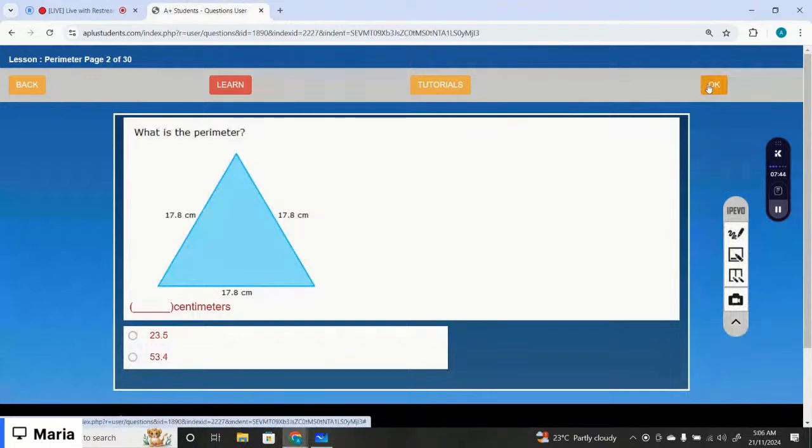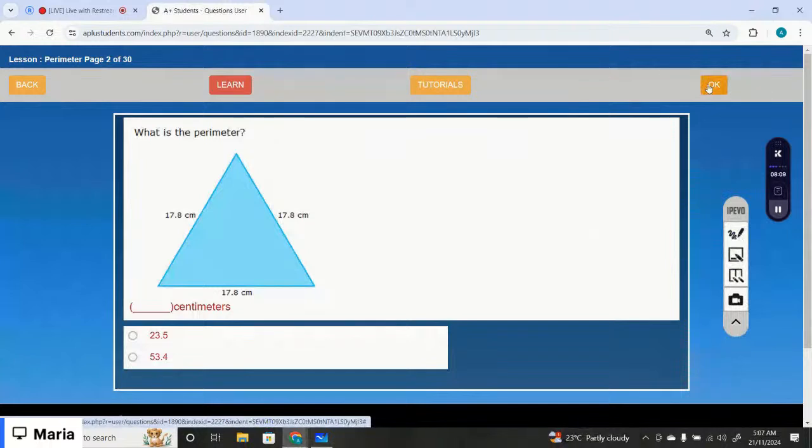What is the perimeter? Which is the correct option? For the perimeter, you need to add all the side lengths. So for the triangle, you need to add all the side lengths. That is 17.8 plus 17.8 plus 17.8.